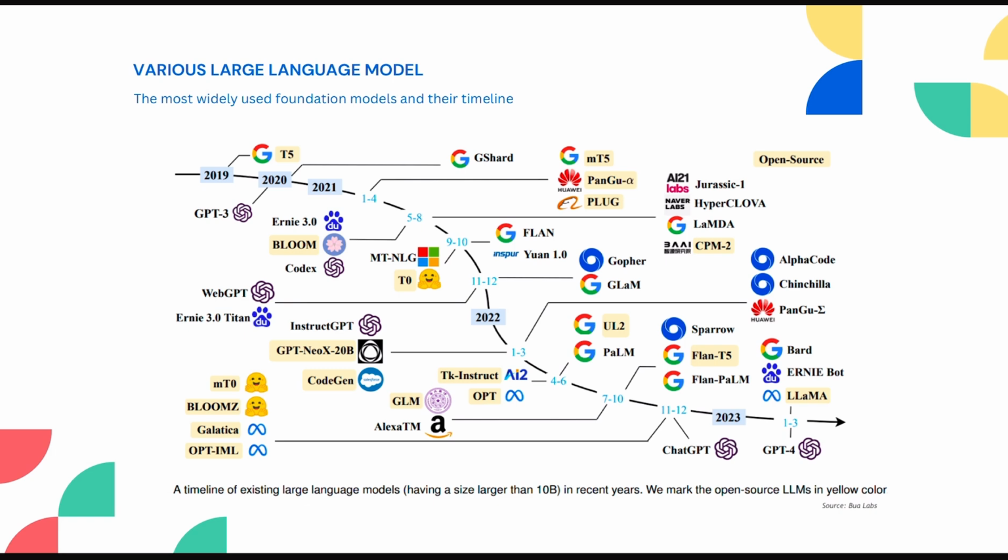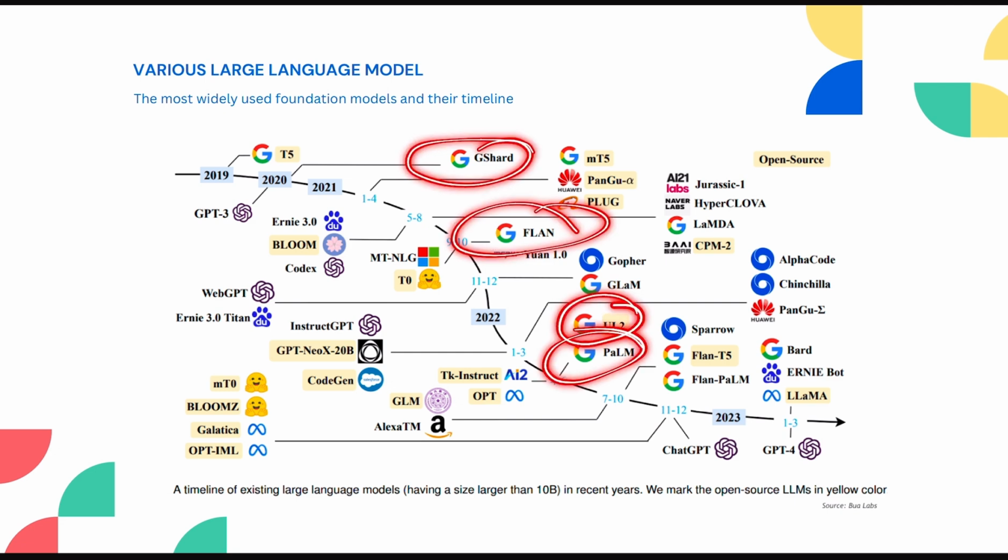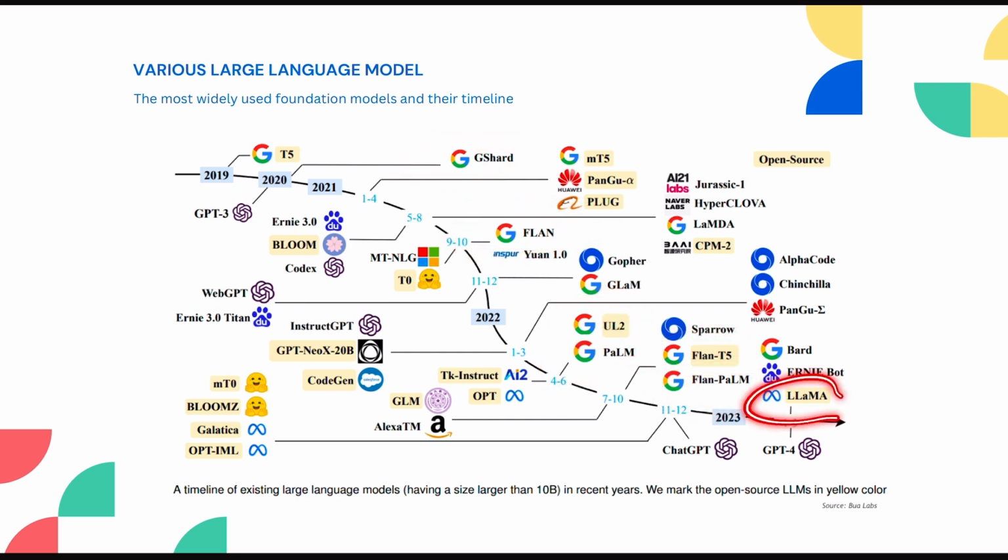There is another set of models by Google, like T5, then Microsoft's MT-NLG, and Google LaMDA, FLAN, UL2, PaLM, Flan-PaLM, and Google Bard. Different brands have their own sets of models. Similarly, AI21 released Jurassic-1, which is also a very popular model. Then there is Claude, available from Anthropic.